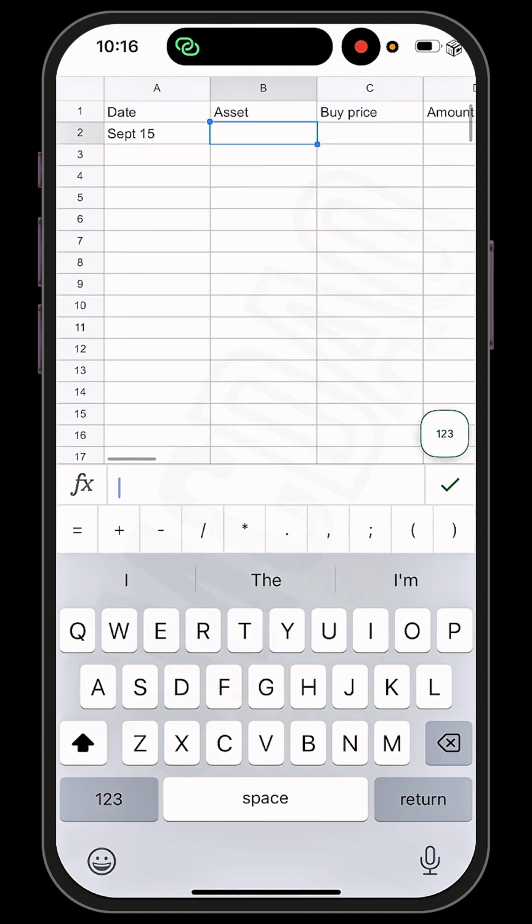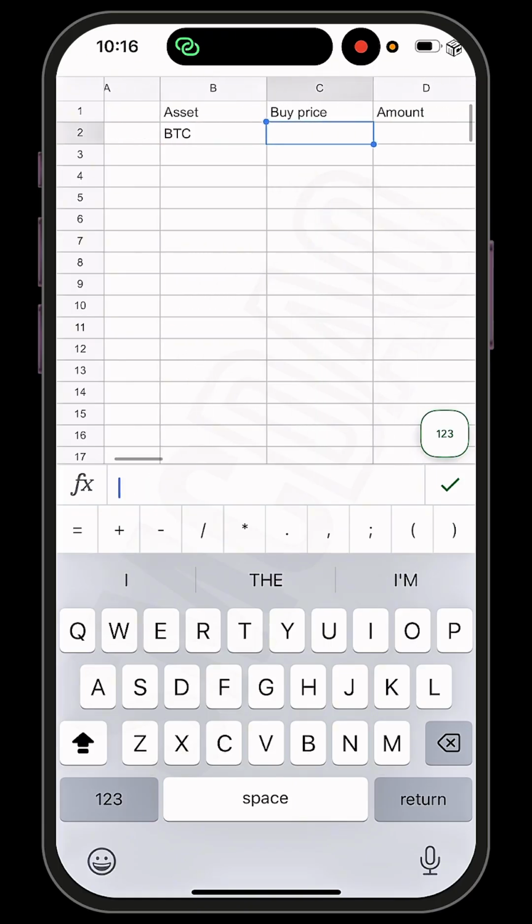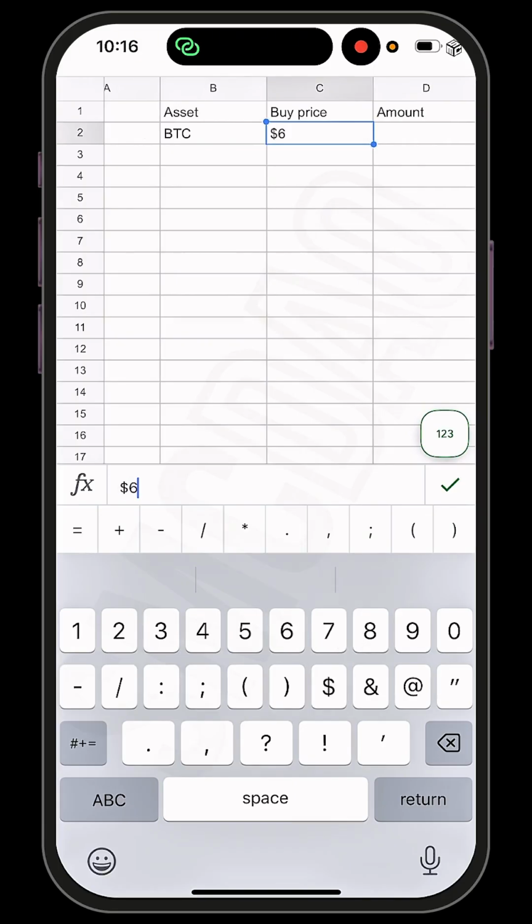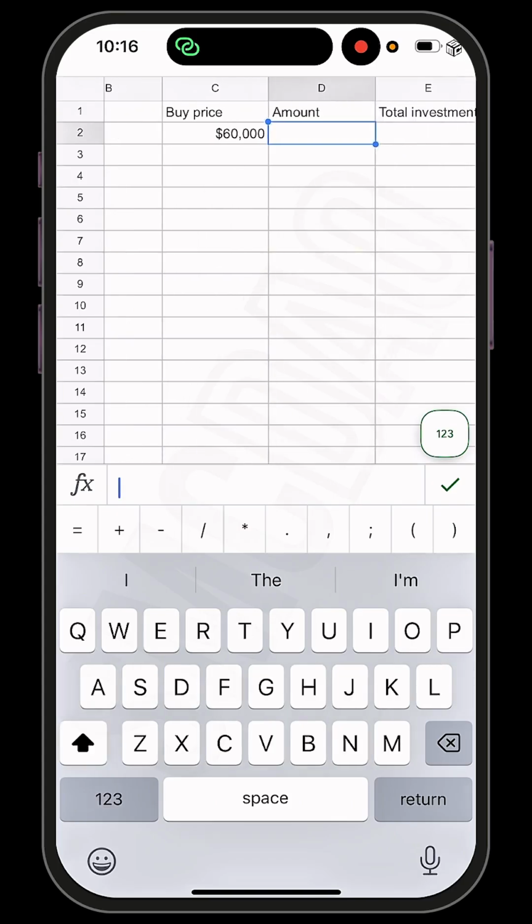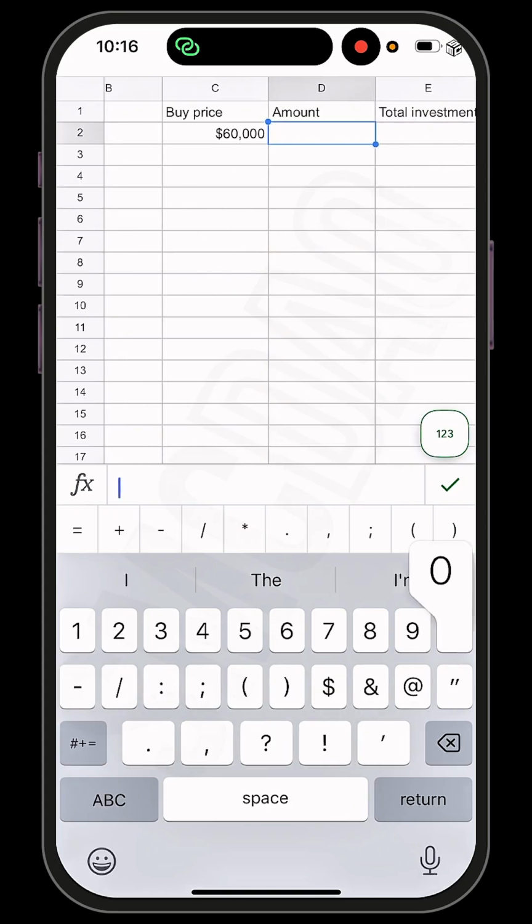Then your asset, BTC, your buy price. Remember, you bought it at 60k, so you could input 60k here. Your amount that you got, which is literally 0.05.